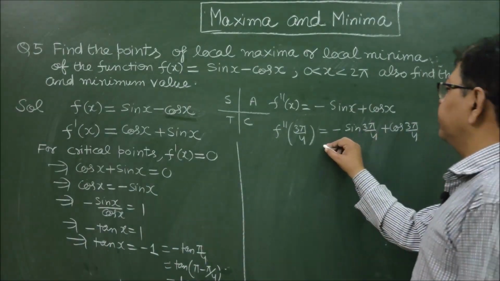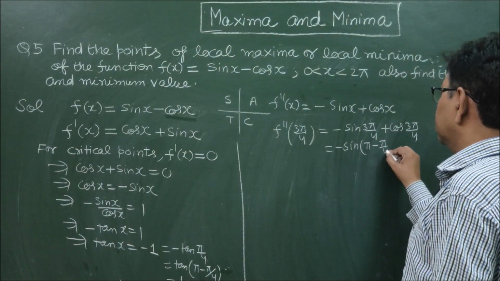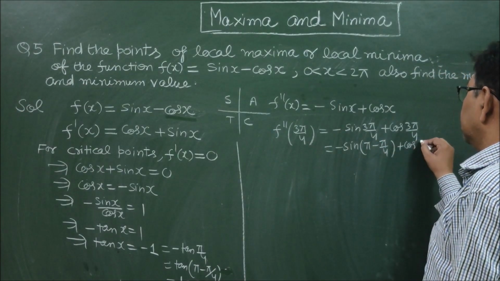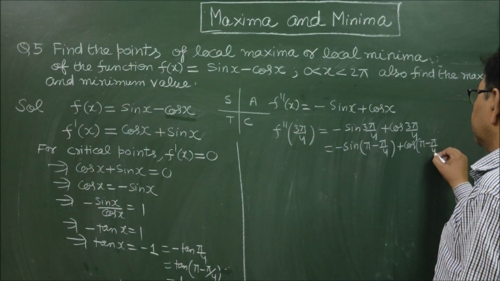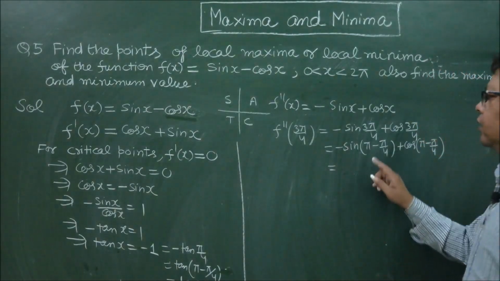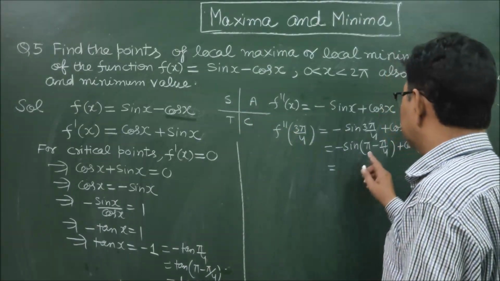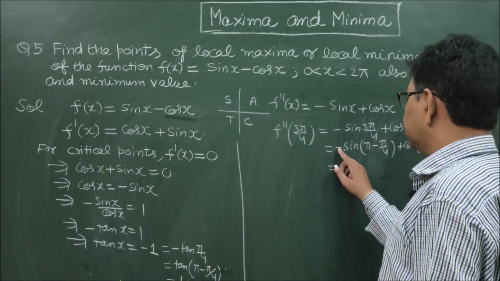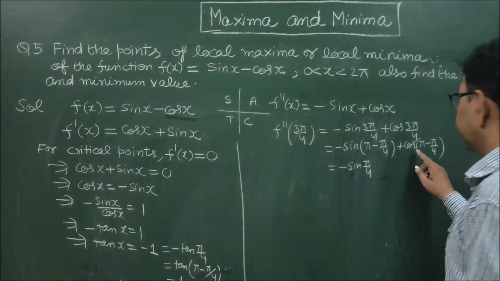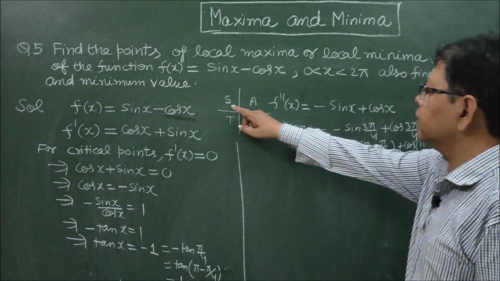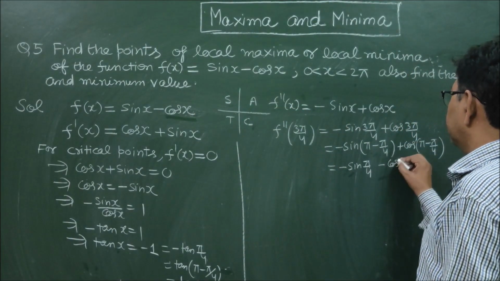Sin 3 pi upon 4 we can write as sin of pi minus pi upon 4, and cos 3 pi upon 4 we can write as cos of pi minus pi upon 4. In pi minus pi upon 4, that means in the second quadrant, sine is positive, but outside we have a negative sign, so this is minus sin pi by 4, plus cos is negative in the second quadrant, so minus cos pi by 4.